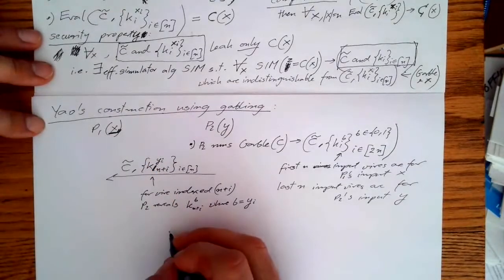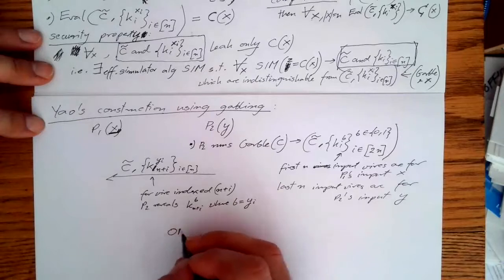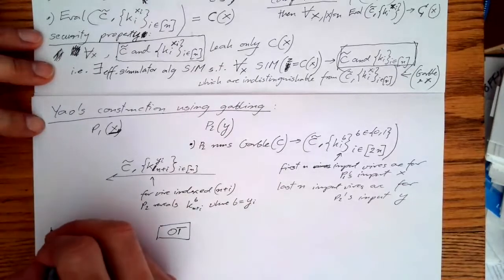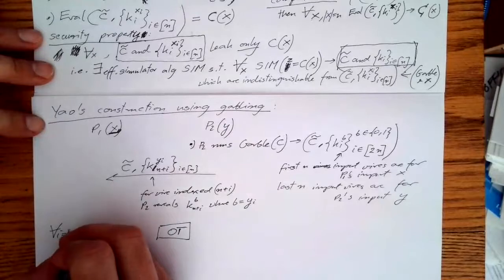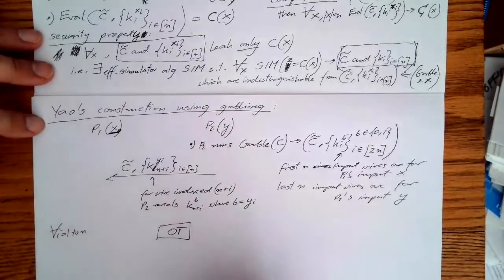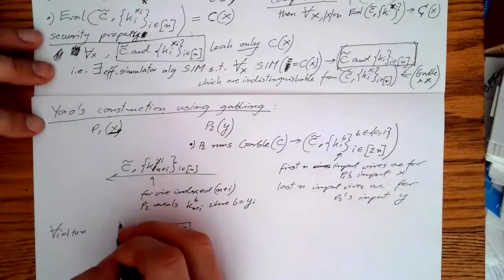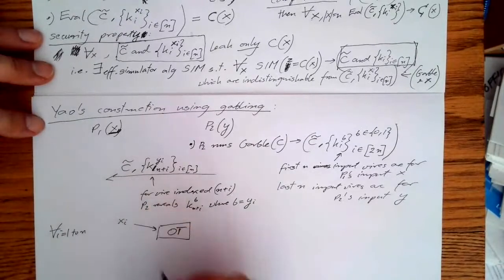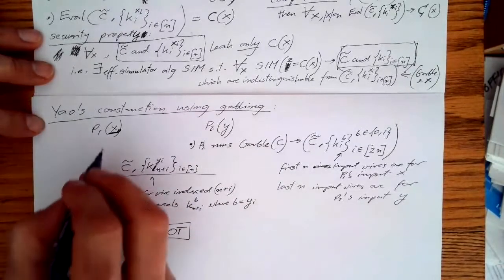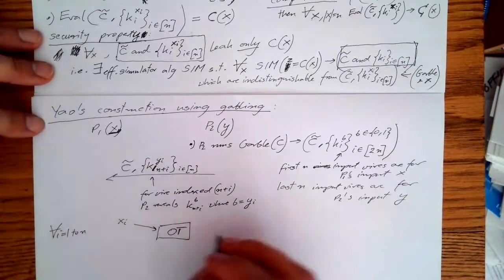But that's an OT. So we're running the following box for all i from 1 to n. What P1 contributes to this box is xi, the choice, his bit on the ith wire.